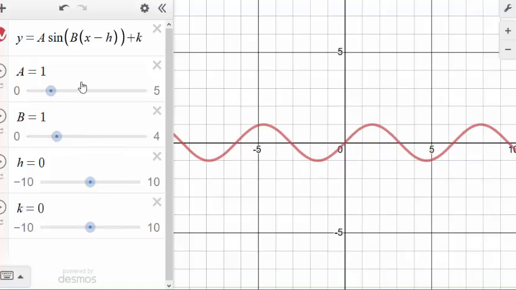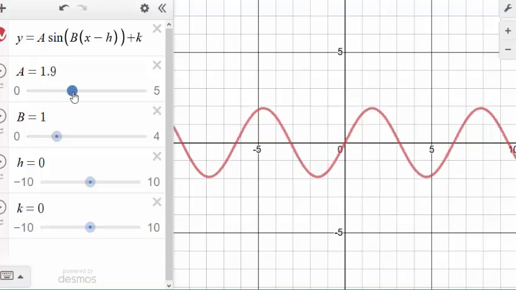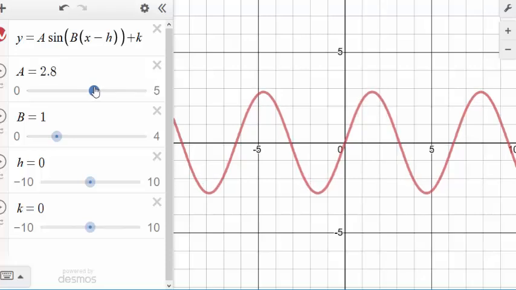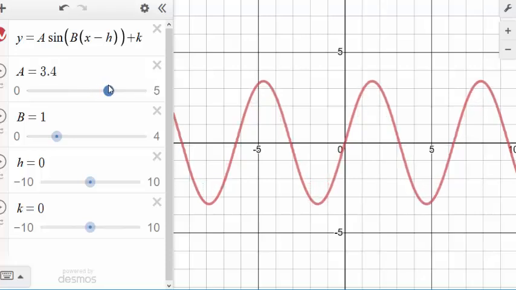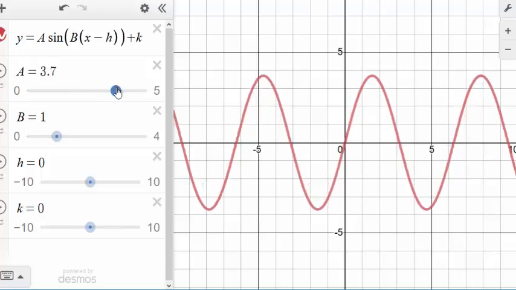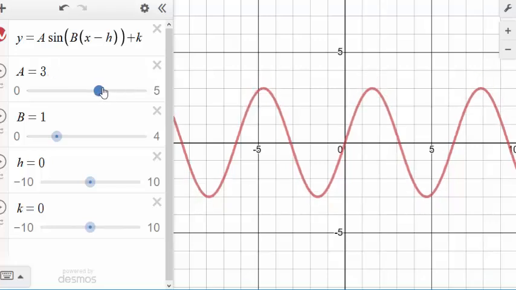Now A and B are beautiful to look at when we have sine and cosine graphs. A, that value out front, is normally your vertical stretch or compression. If A is bigger than 1, it's a vertical stretch. Now let's look at how that looks on the trig graph. It's very easy to see. You're pulling it up and pulling it down when A is greater than 1.